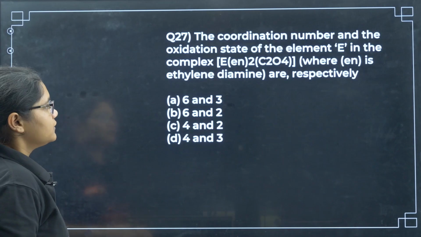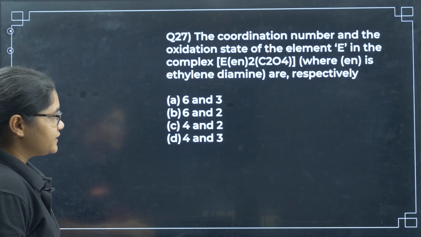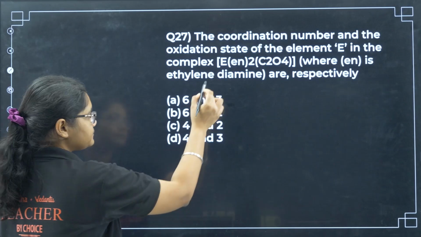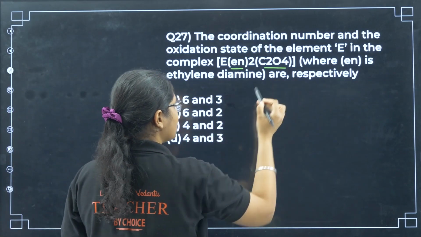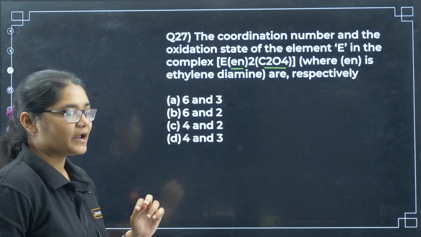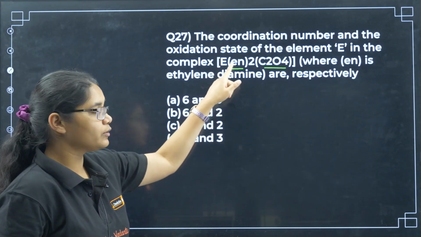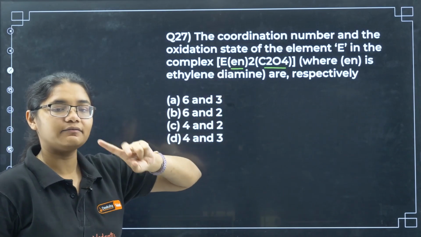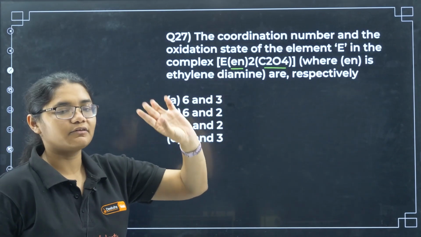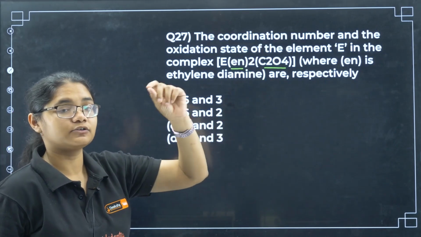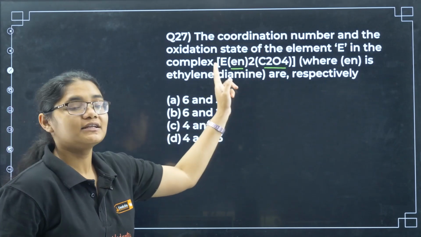Next, the coordination number and the oxidation state of the element E in the complex. You can see that these both are bidentate ligands, right? That means each ligand can form 2 bonds. There are total 2 en, so one en will form 2 bonds, 2 en will form 4 bonds, and C2O4 is also a bidentate ligand, it can also form 2 bonds, so total we will have 6 bonds here.